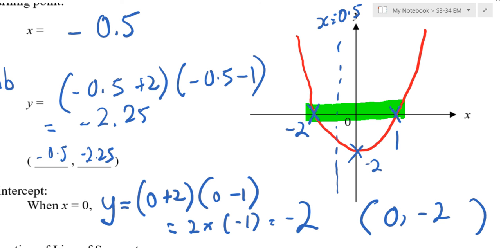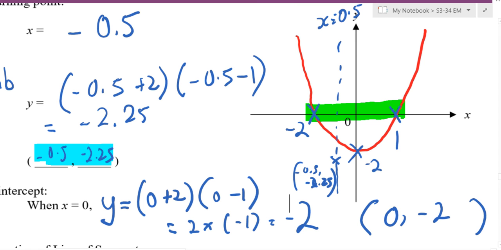Oh, the line of symmetry should be at the turning point. Very good. I forgot to list down the turning point. Where is the turning point? Negative 0.5, negative 2.25. And where is that? Somewhere here, right? Negative 0.5, negative 2.25. So my red line is wrong.